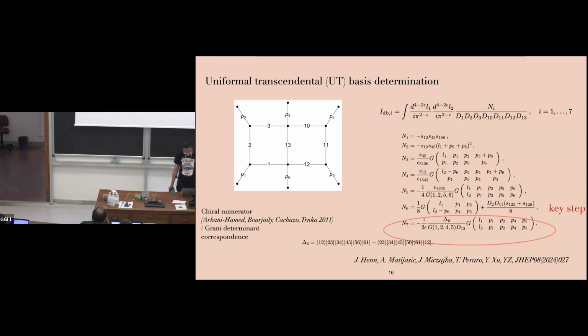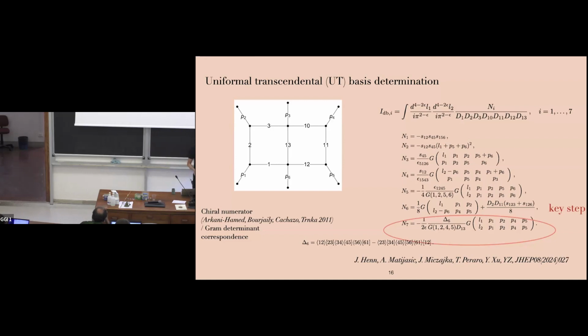Basically, we borrowed a lot of ideas from N=4 theory, in particular a lot of chiral numerator ideas from this paper. This kind of chiral numerator gives you some very good 4D integrals with constant leading singularity. In many cases, they are just UT integrals if you upgrade from 4D to D equals 4 minus 2 epsilon.